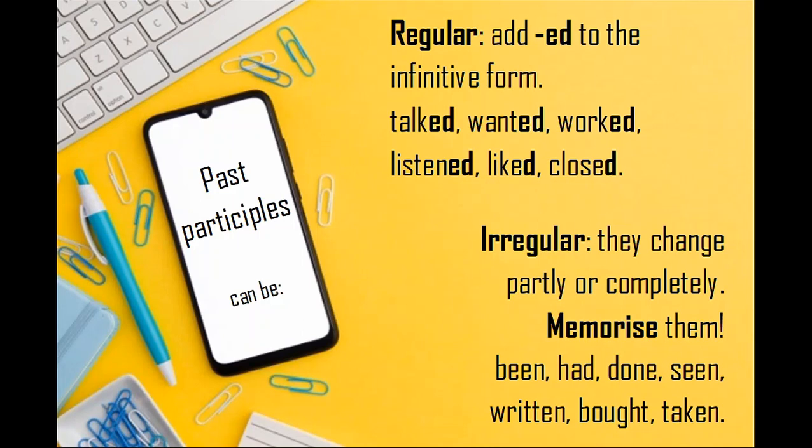Por eso los regulares no aparecen en ninguna lista, es solo eso, agregarles ed. En cambio, los irregulares son una lista limitada. Es esa lista que está al final del libro, al final de todos los libros de inglés, tienen esa lista. ¿Ok? And you have to learn them by heart. Tienen que aprenderlos de memoria.